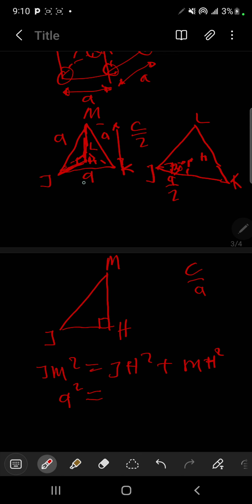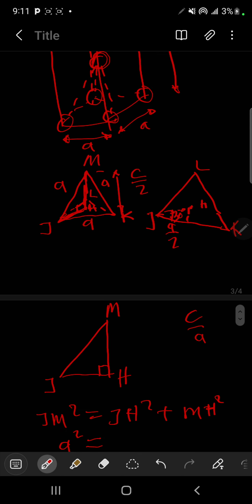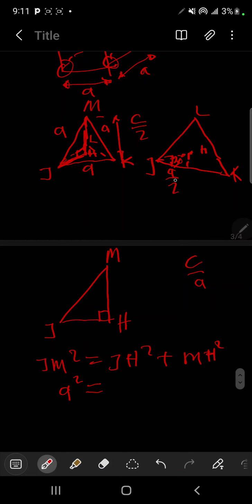So JH, how can we eliminate it? We can use this triangle we had formed, the smaller one, with an angle of 30 degrees, because we've seen a relationship it has with A over 2 here. Let me quickly rewrite it.